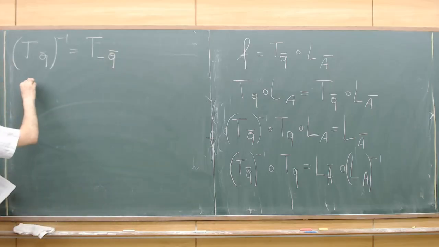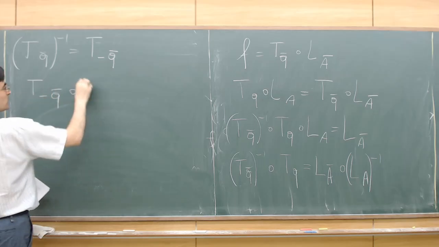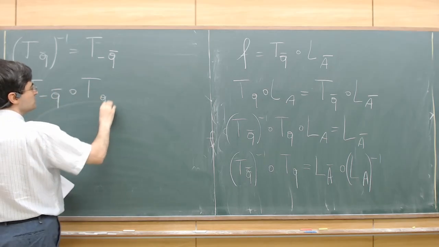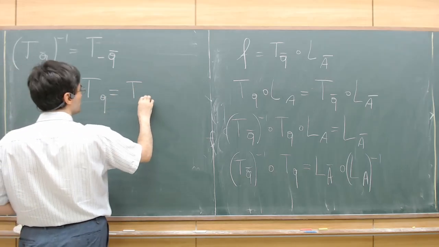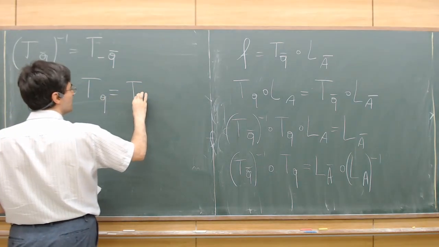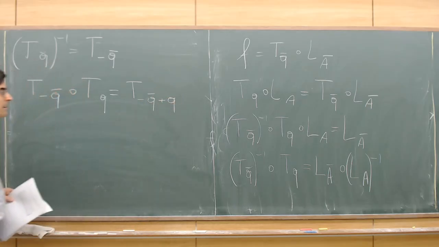So this means that the translation T minus Q bar composed with TQ is nothing but T of minus Q bar plus Q. So this is a translation.